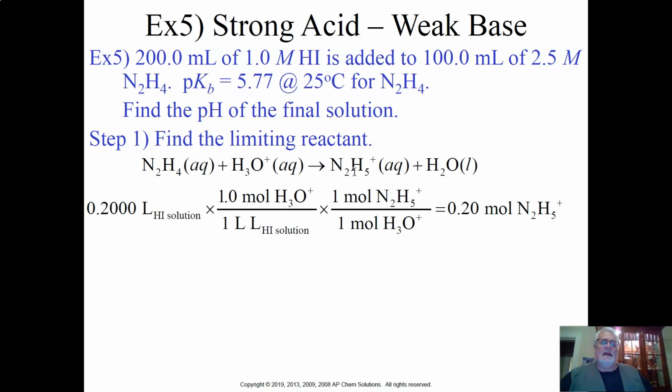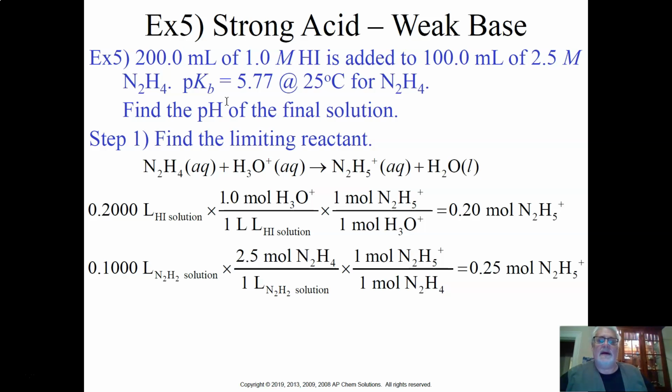All right? And we can see that we have different volumes, different concentrations. So again, we got to find out the limiting reactant using the molar ratios. Again, very, very common to see these 1-to-1 molar ratios, especially with these simpler level weak acid and strong acid problems.